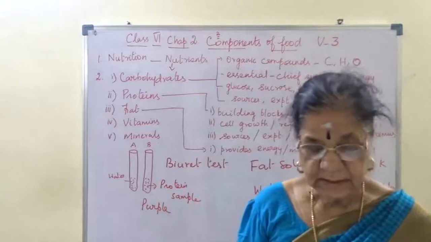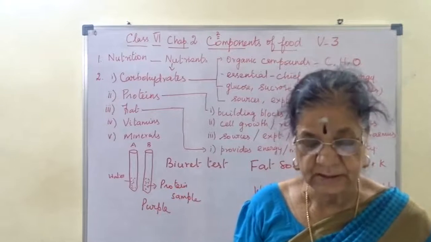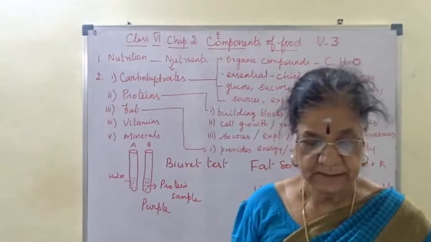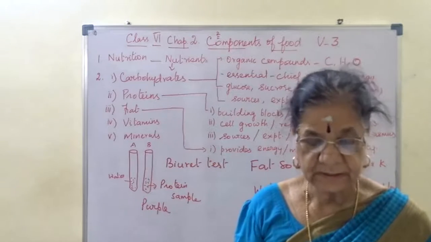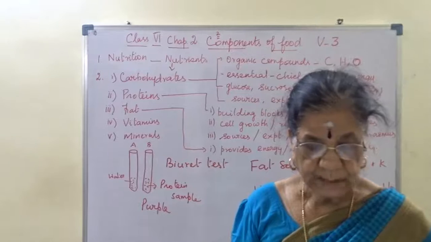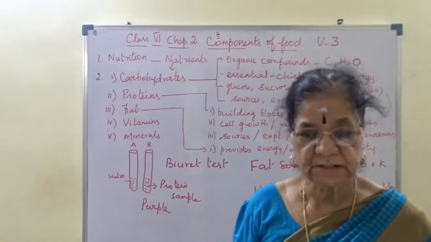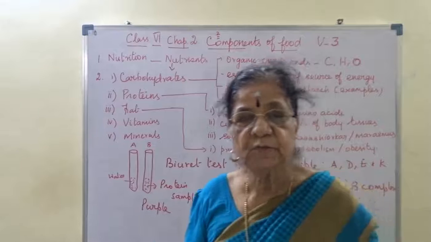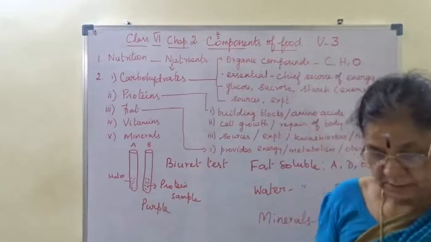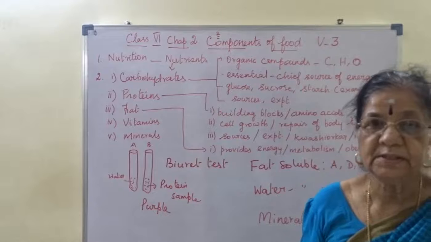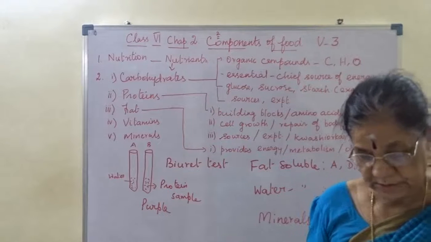Then pellagra causes inflammation of the skin, loss of memory and diarrhea. B6 deficiency causes nervous disorder. B12 deficiency causes decrease in RBC production and degeneration of spinal cord. That is pernicious anemia. This is for the water soluble vitamins.